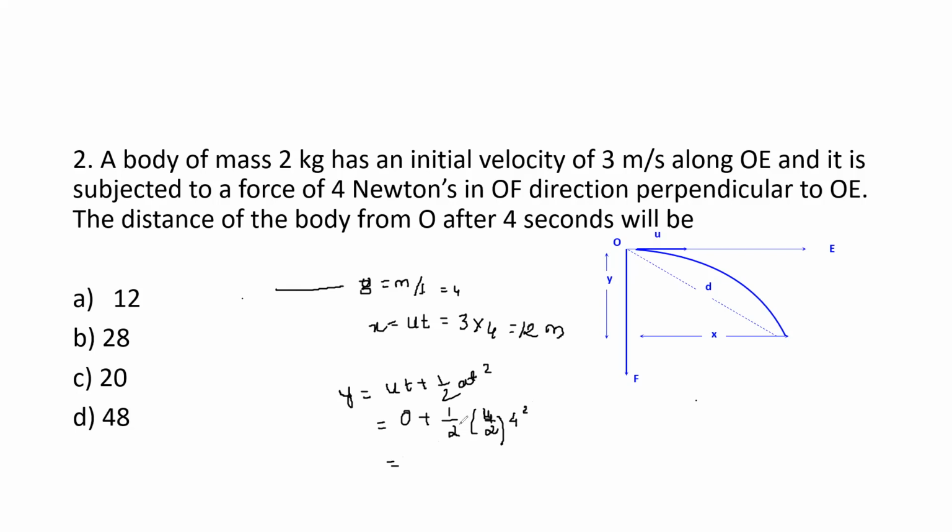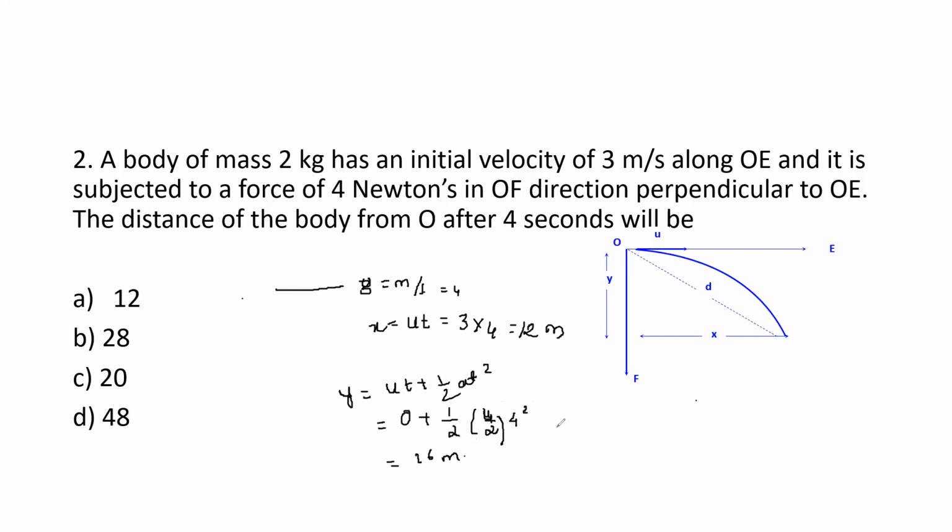If you simplify this, the 4 and 4 get cancelled. So 4 square is 16 meter.